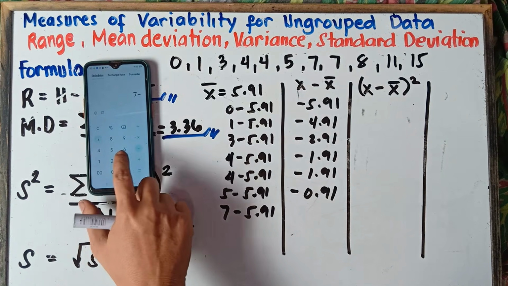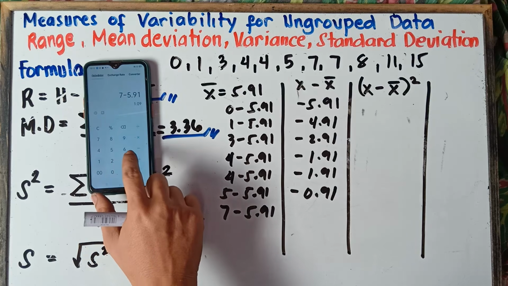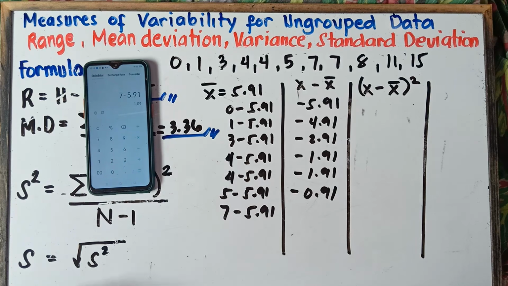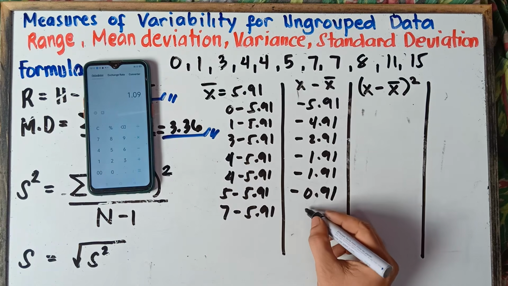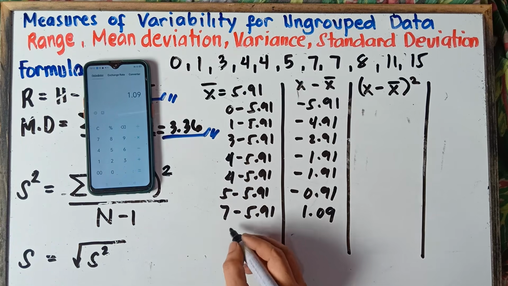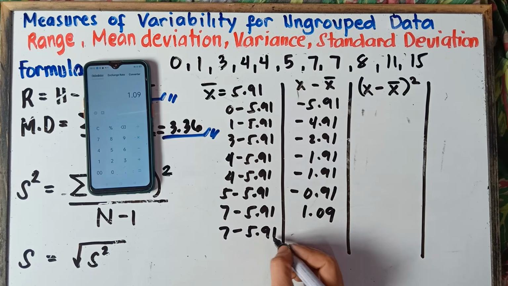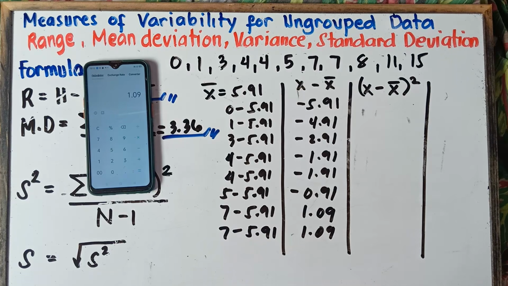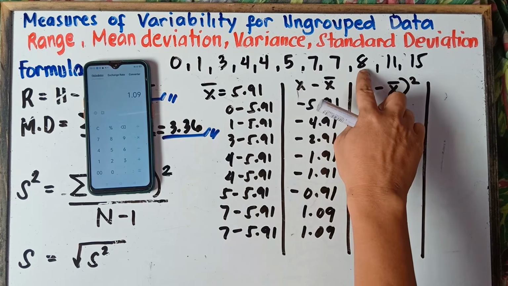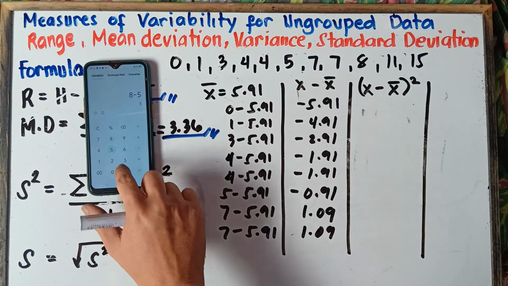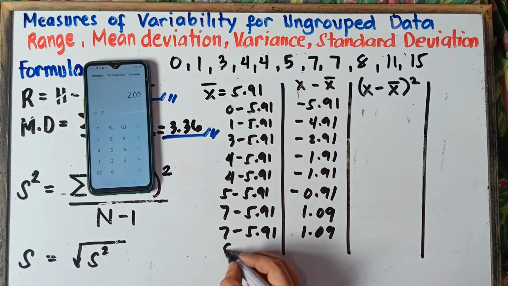7 minus 5.91, I think that's 2.09. Let me just double check that one. 7 minus 5.91, that would be 1.09. And then 7 minus 5.91, that would be 1.09. And then 8 minus 5.91, that would be 2.09.